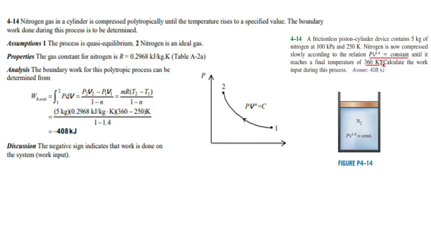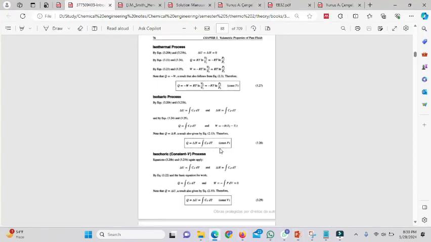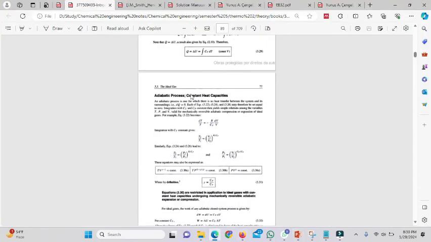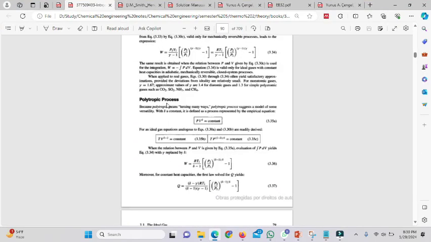In this case you will use this formula: W is equal to mR(T2 minus T1) over 1 minus n. These formulas are available in your book. Let me show you the book. So this is the book, and this is the adiabatic process, and this is the polytropic process.